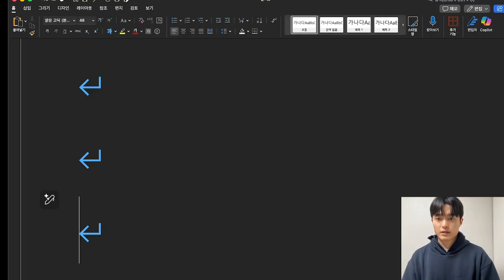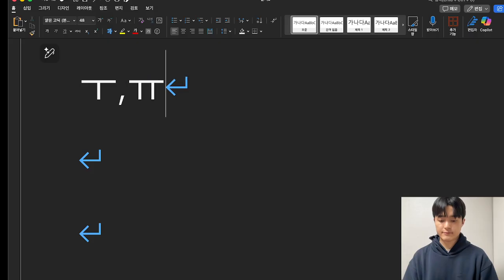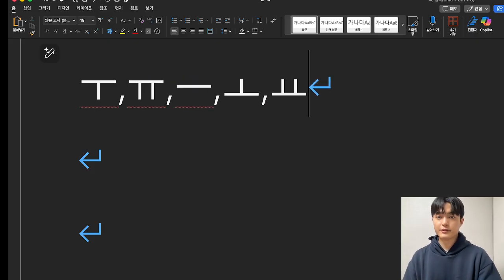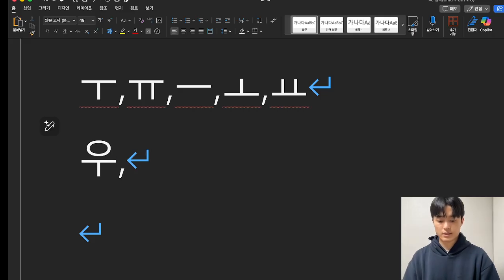And there are also cases where the vowel has a horizontal line, like this. Can you see? There are horizontal lines here, here, here. In this case, the consonant is placed on the top, like this.